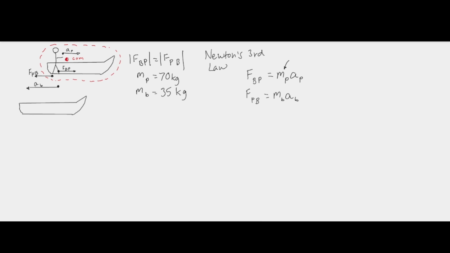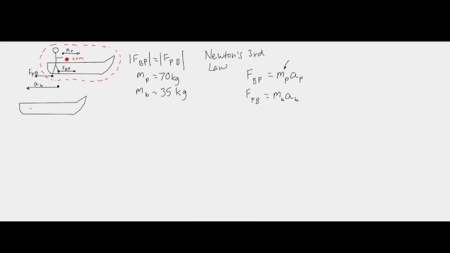So you have this center of mass right here. The interesting thing is, since the boat is going to be accelerating backwards at twice the rate of the person, you'll find that the system as a whole does not actually accelerate.